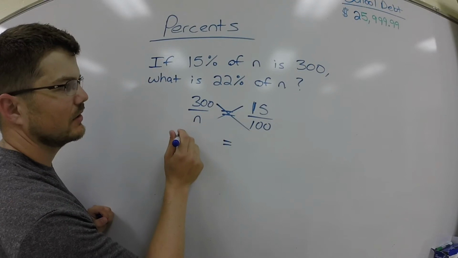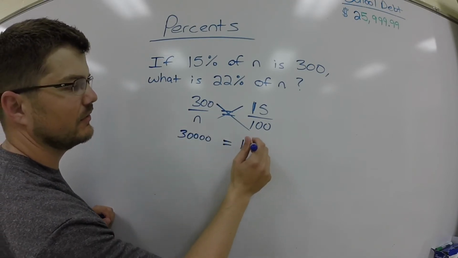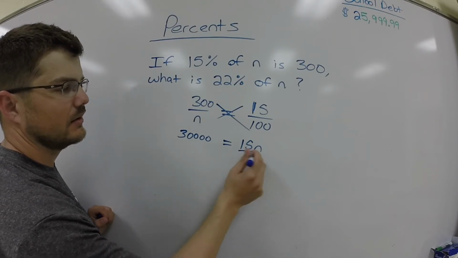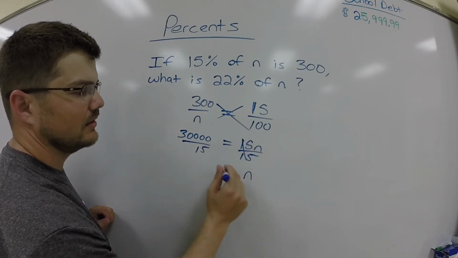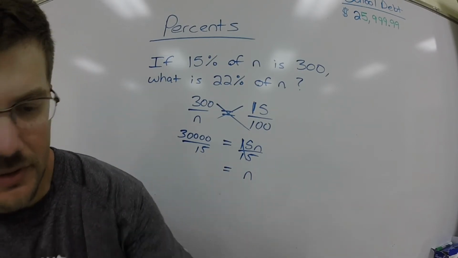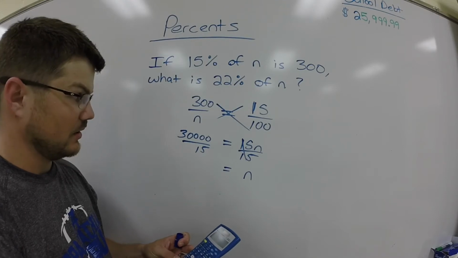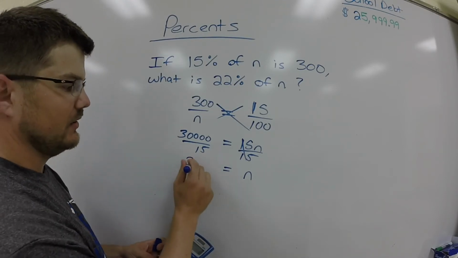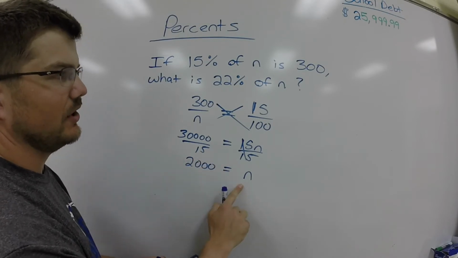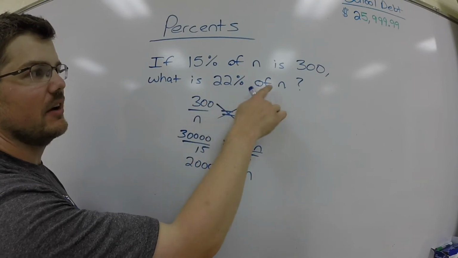So we have 30,000 equals 15n. Alright, let's divide both sides by 15. N equals, let's figure this out. So n is 2,000.